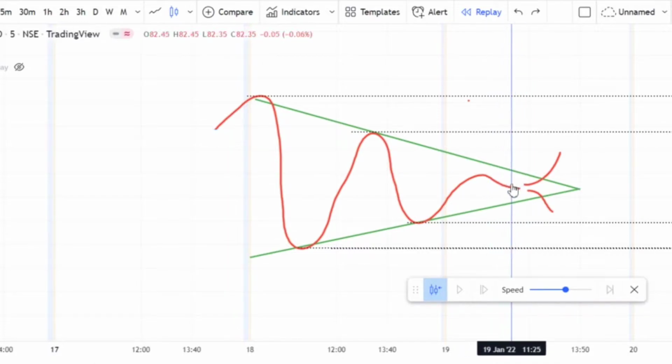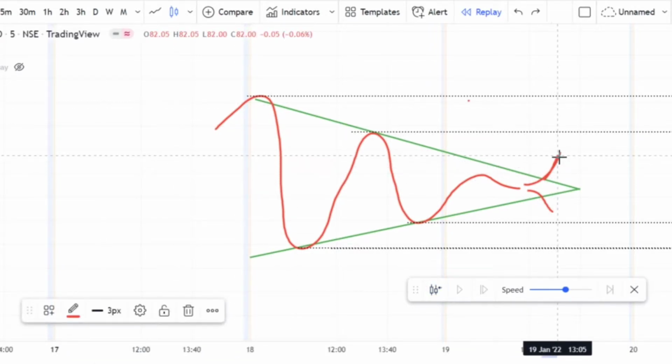So when the pattern breaks out, what could your strategy be to initiate the trade, right? Whenever there is a green closing candle here in a breakout pattern, you could enter in the next candle, right? And you can keep your stop loss below this trend line, right?